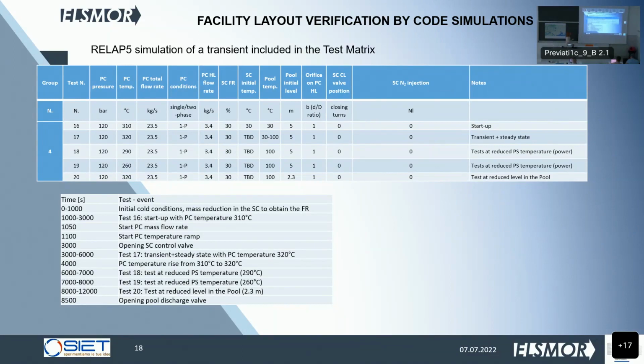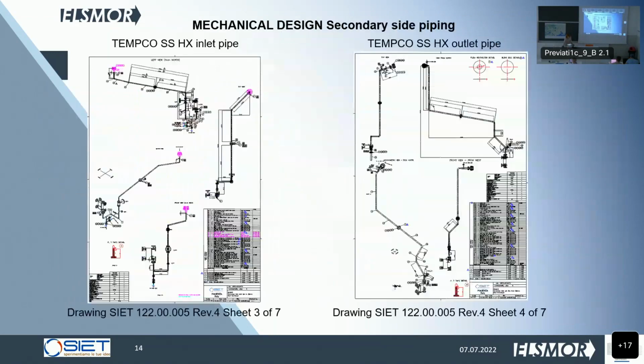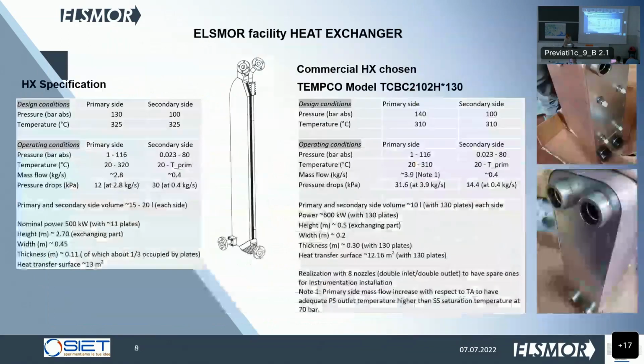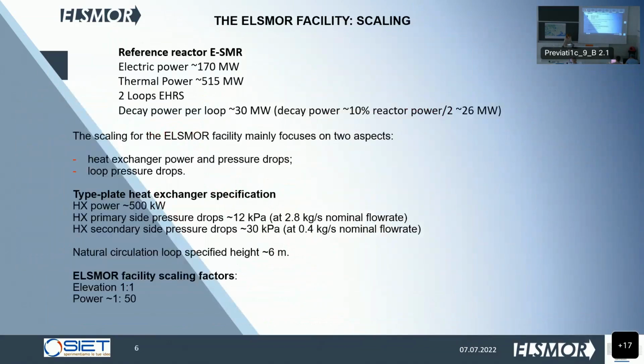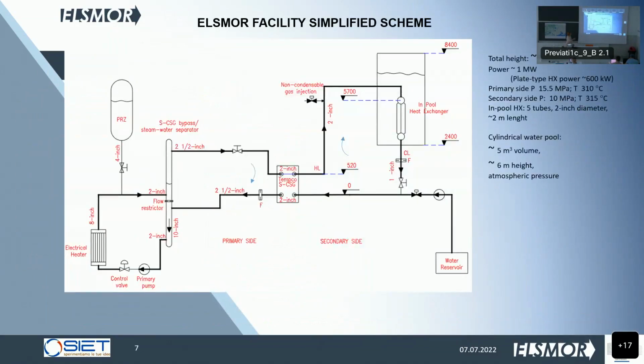Well, I mean, I go a step back to show you this for better understanding. We have two primary side flow rates. We have a total flow rate that circulates through the pump, and we have another flow rate, a smaller one, that goes inside the heat exchanger.